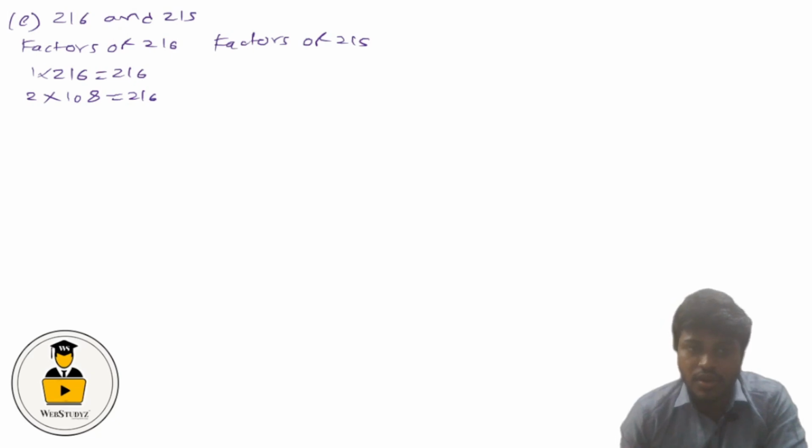Then it is divisible by 3 also, so 3 into 72 will give us 216.